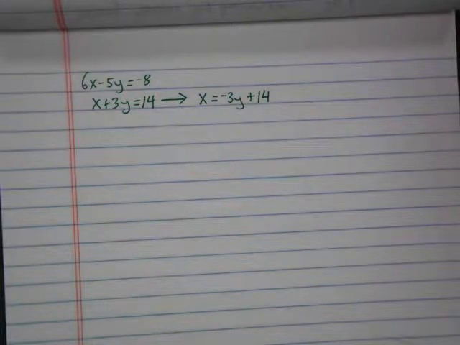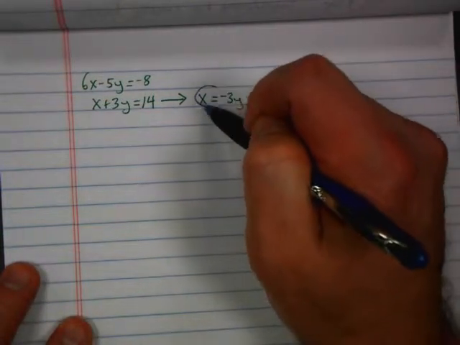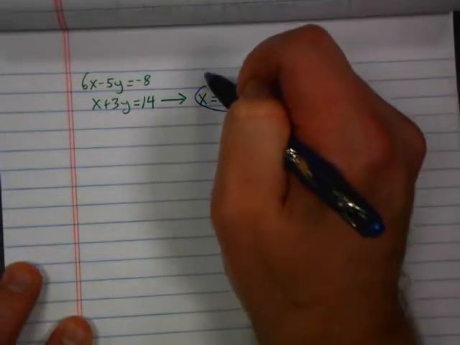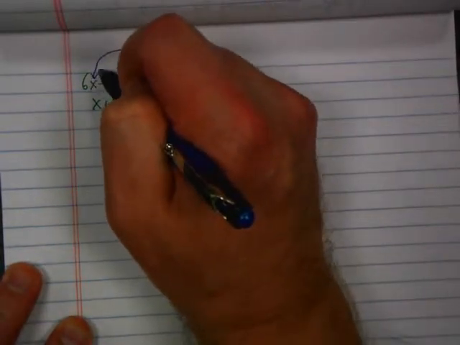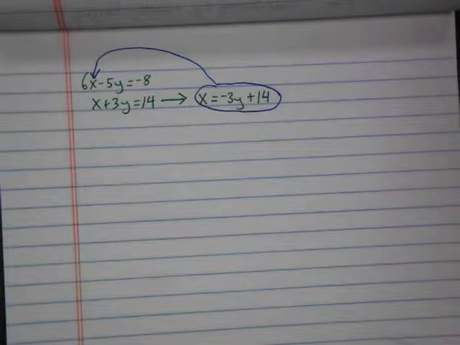What do I do with that x equals minus 3y plus 14? Plug it into the first one. So in the first equation, I'm not going to write x right there anymore. Rather, I'm going to write minus 3y plus 14. If I put 14 minus 3y, it's the same thing.